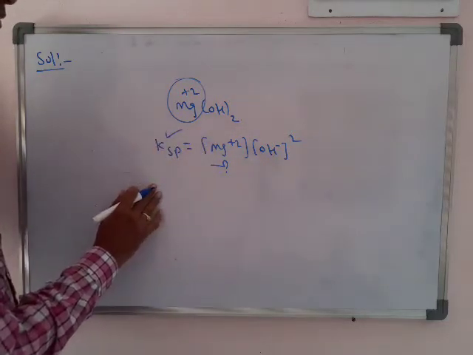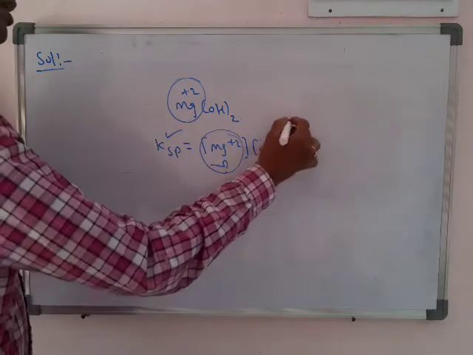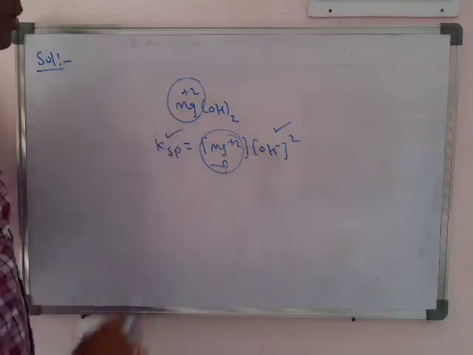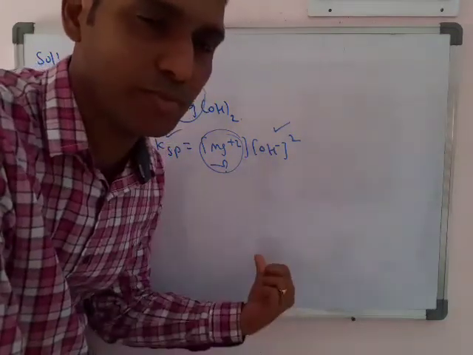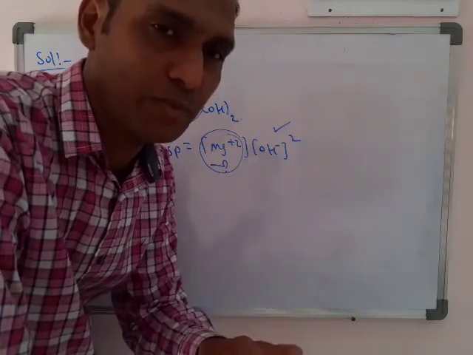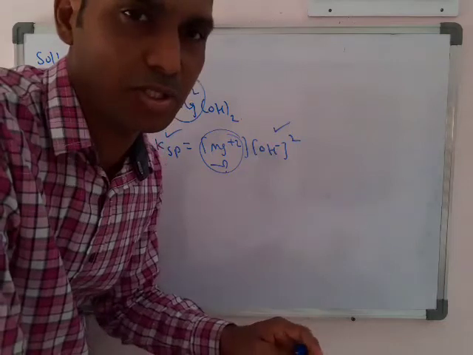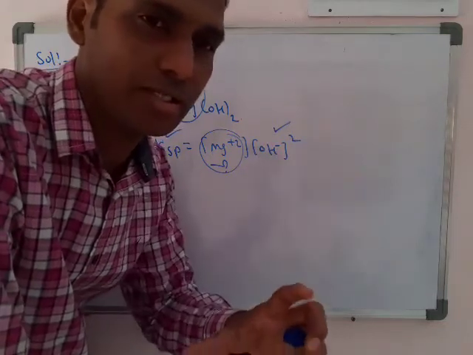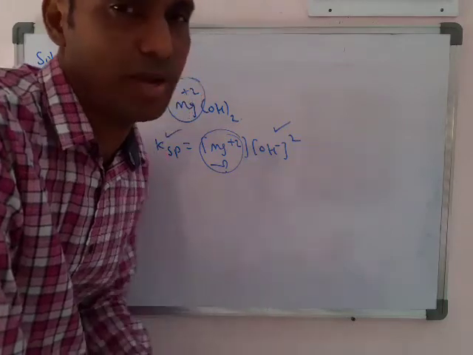The Ksp value is given, so to find Mg plus 2 we have to calculate the OH minus concentration. Once we know the OH minus concentration, we can find Mg plus 2 based on it, and based on the same OH minus concentration we can find Al plus 3. So before these two calculations, first we have to calculate the concentration of OH minus ions.